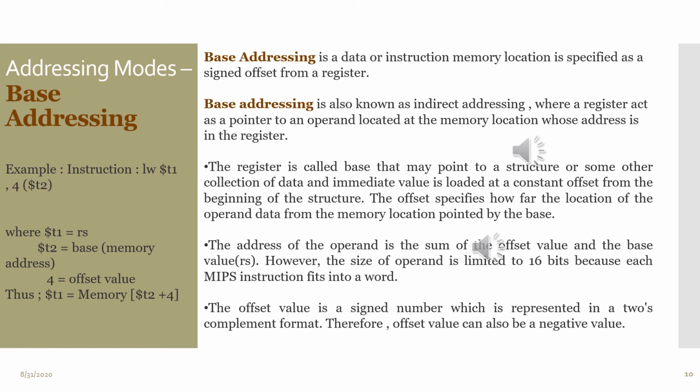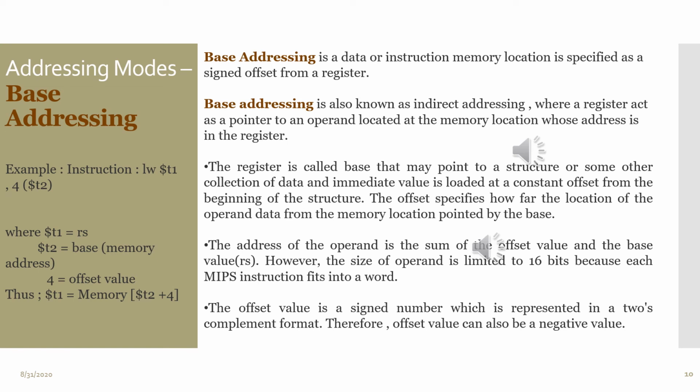The register is called the base, which may point to a structure or some other collection of data, and an immediate value is loaded at a constant offset from the beginning of the structure. The offset specifies how far the operand data is from the memory location pointed to by the base. The address of the operand is the sum of the offset value and the base value of the source register.